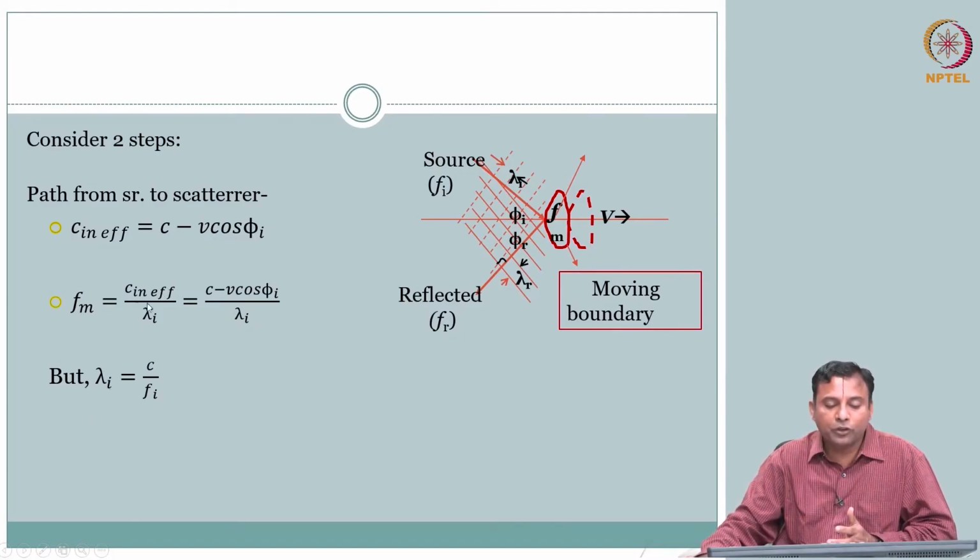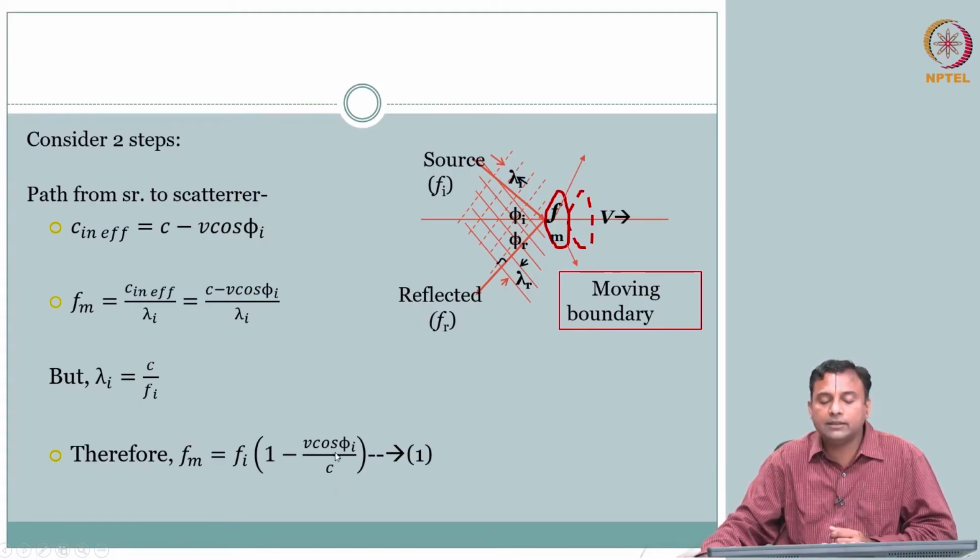Okay. So, I will just substitute this back so that I get my fm in terms of fi, right. Of course, with this factor, fm is equal to fi times 1 minus v cos phi I by c. Okay. So, this is one equation.